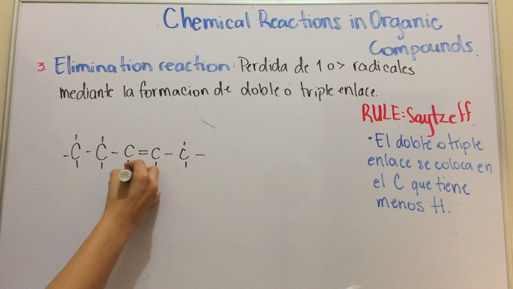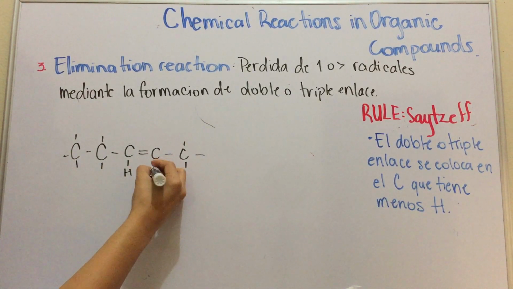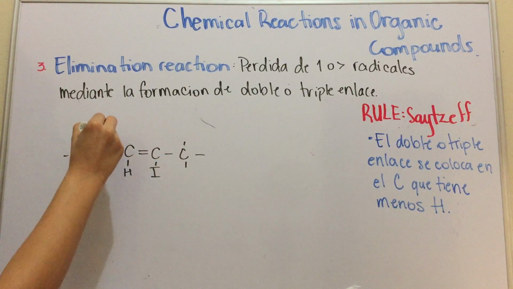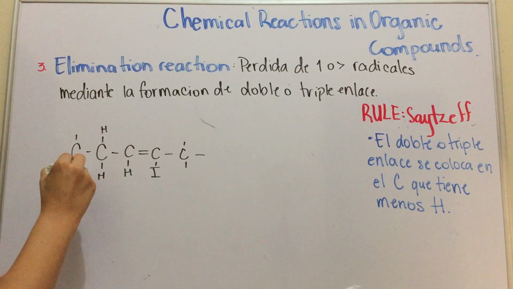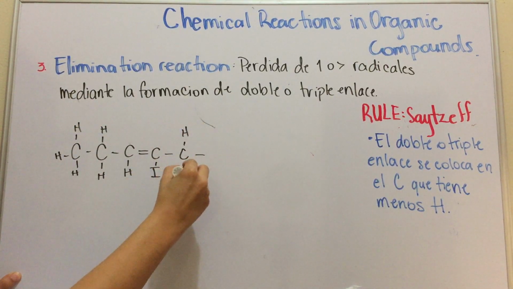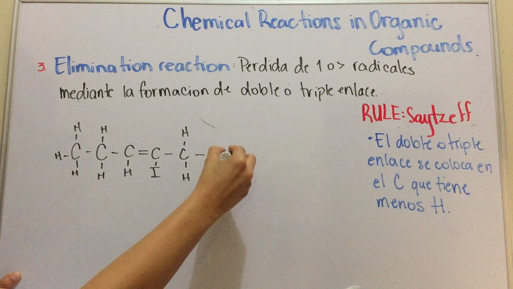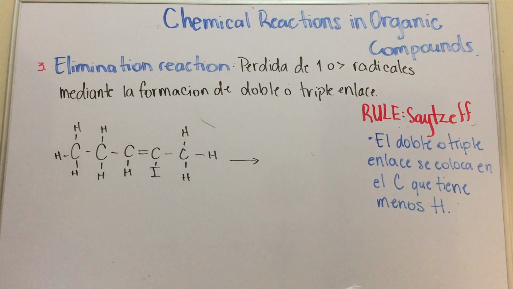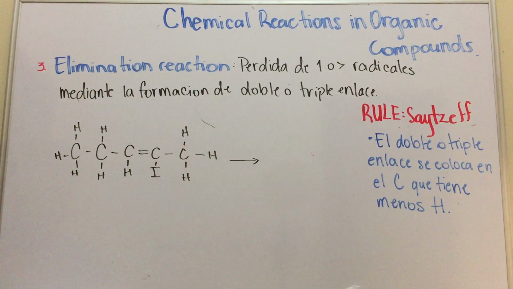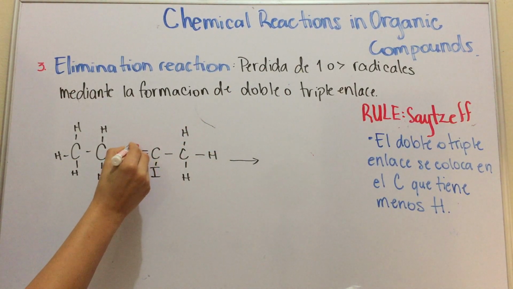So let's figure this is hydrogen and let's put here an iodide. We haven't made one with an iodide. The rest of them are hydrogens. Alright, so we have this compound right here. And we're going to make an elimination reaction. Because I have a double bond, remember we're going to form a double or a triple bond, I already know that I'm going to put a triple bond here.